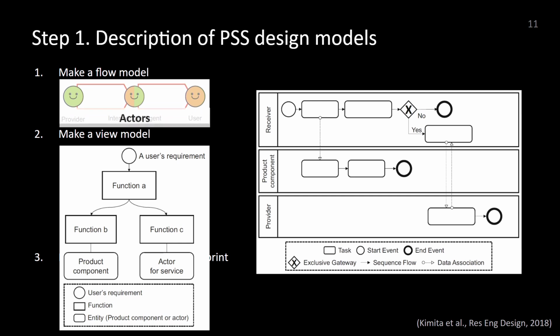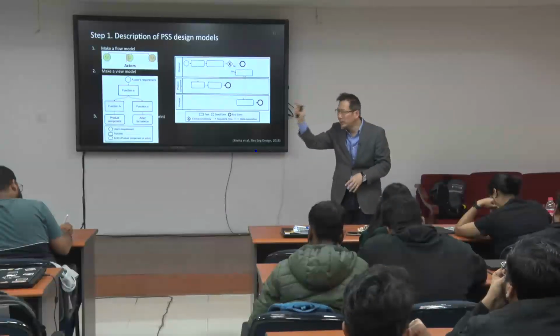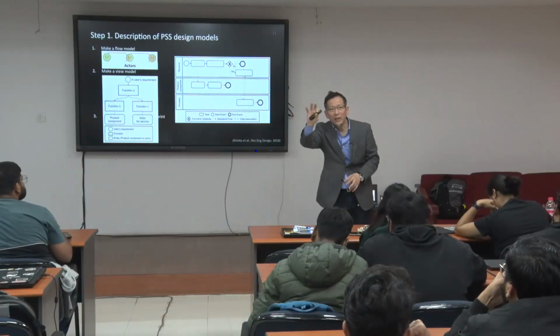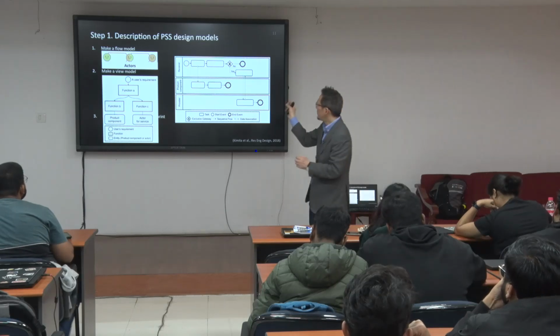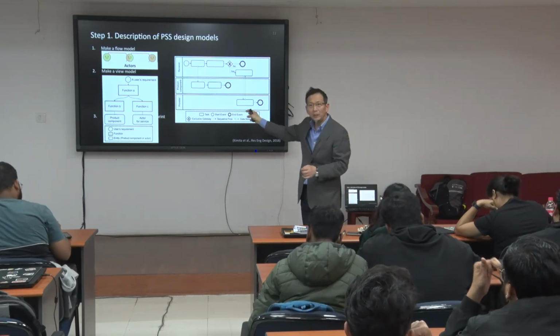So one thing is the first item under step one. Define the actors. So actors, you remember from the PSS layer method, are described in one layer. So look into that specific layer and describe that information here.